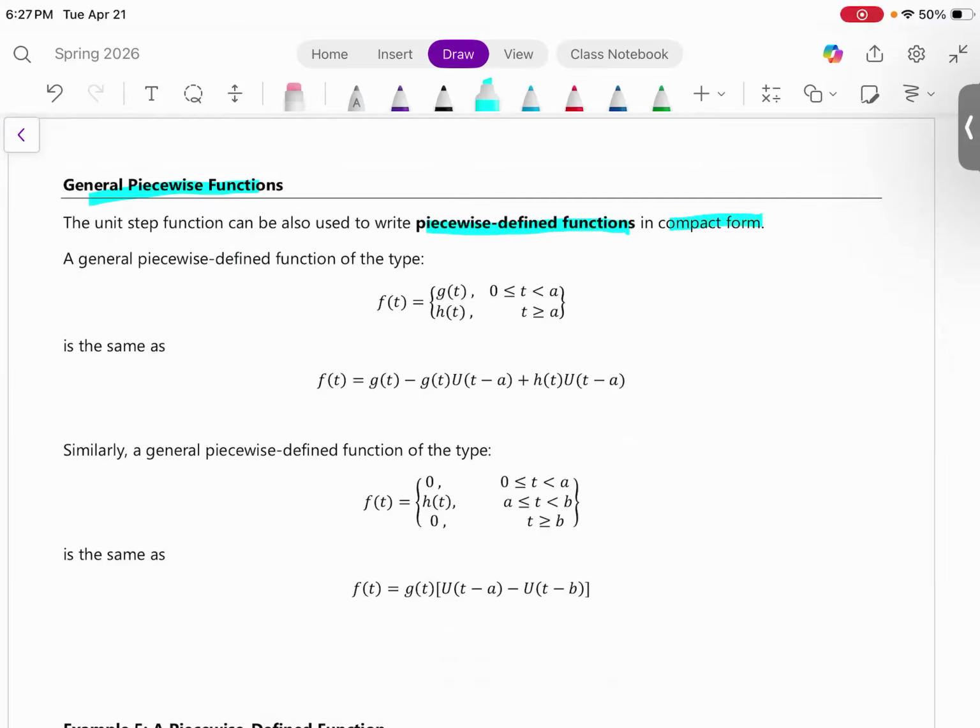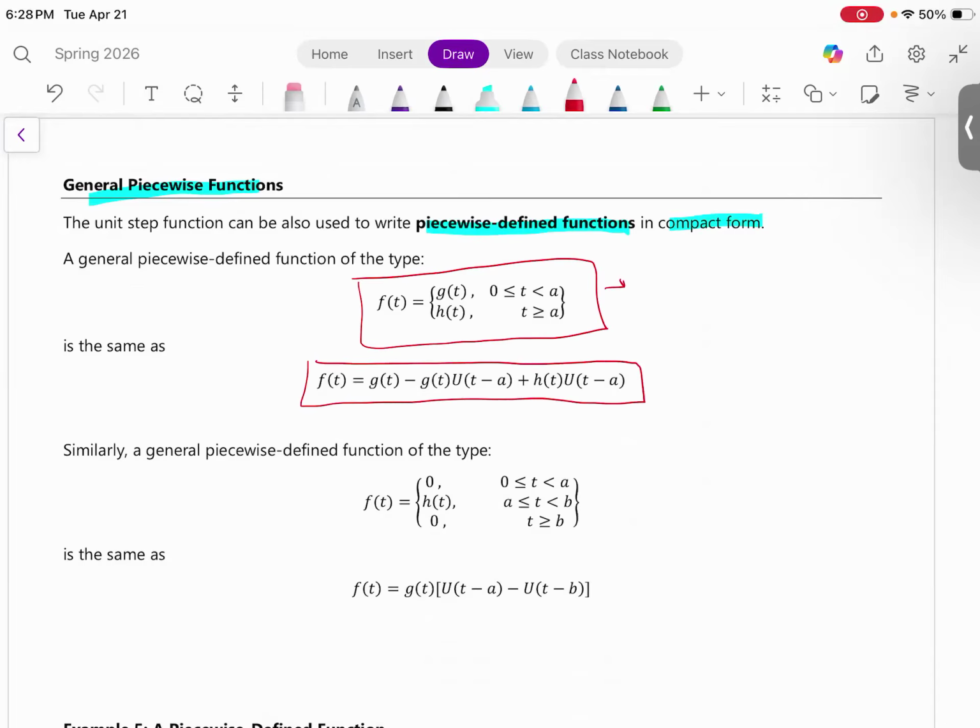A general piecewise defined function of this type, f of t equals g of t between 0 and a, and h of t for t greater than a. This is piecewise and this is compact.